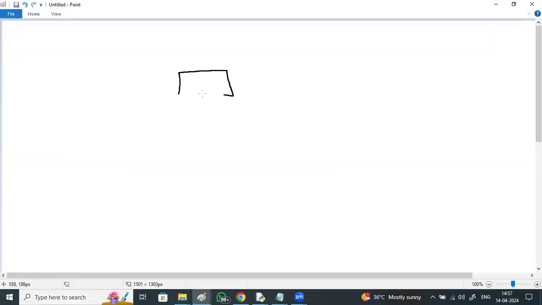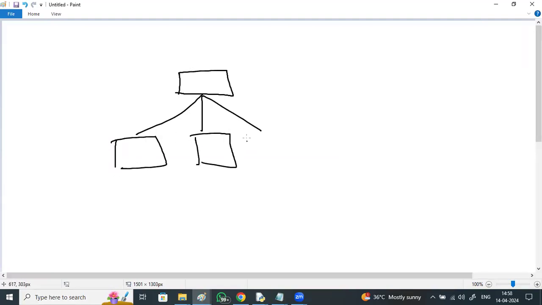This is the master, these are the slaves, S1, S2, and S3. Replications are maintained. 3 replications means totally 9 you will get. 3 into 3, 9. Previously, we have stored B1, B2, B3 in S1, B1, B2, B3 in S2, B1, B2, B3 in S3. That is how it is stored.